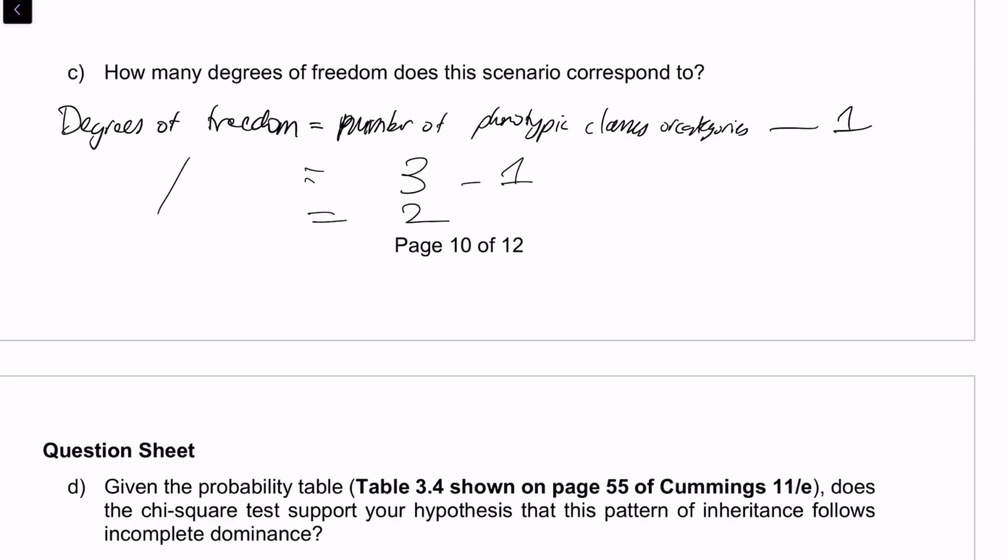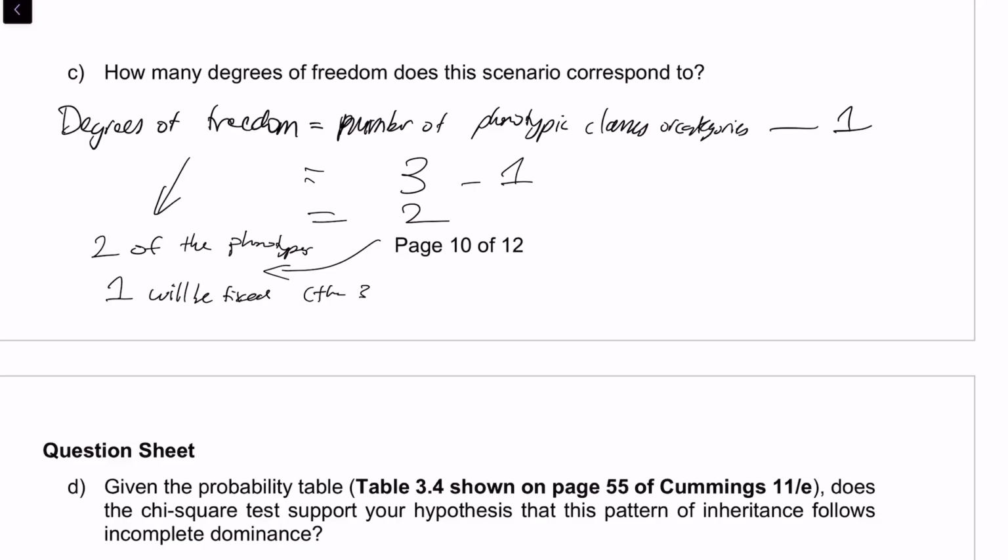Essentially what degrees of freedom is saying is that once we know the values, or I guess proportions, for 2 of the phenotypes, then we already know the third.